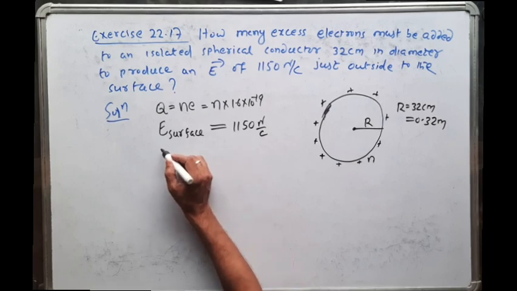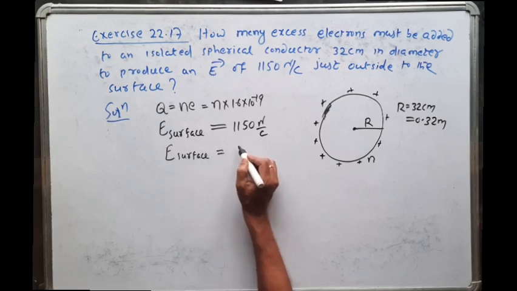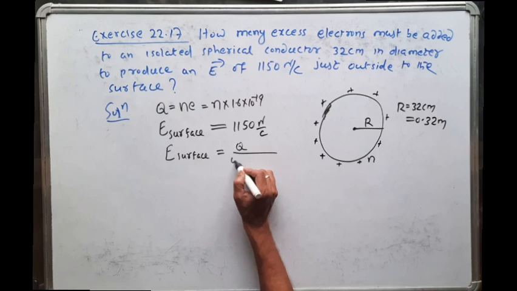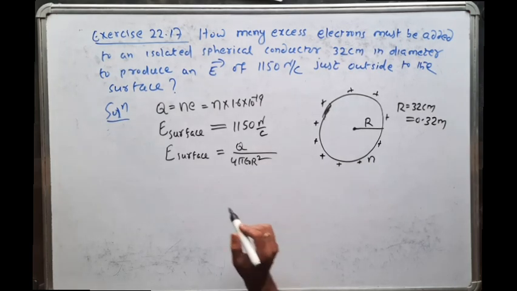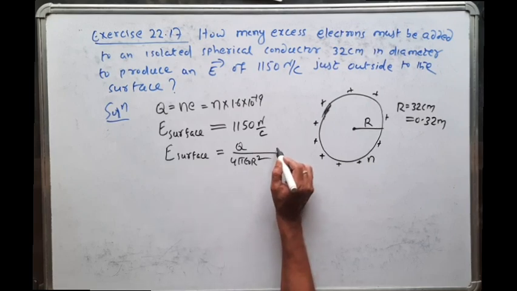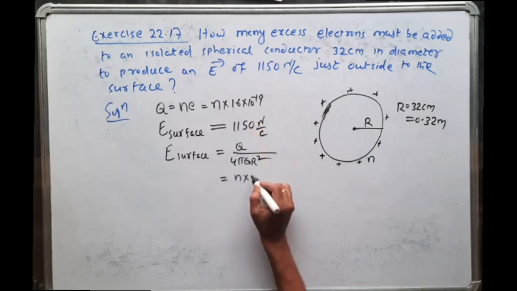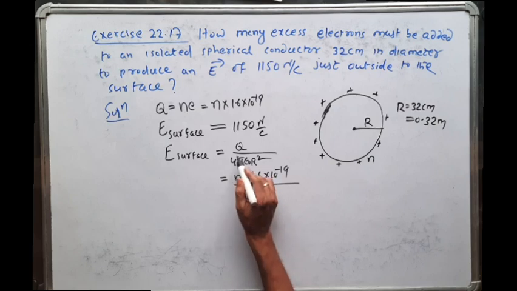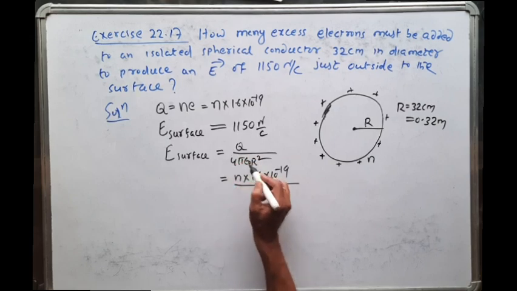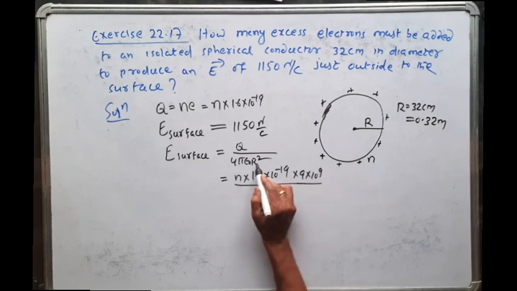We know the formula of electric field intensity on the surface due to a charged spherical conductor. It is Q upon 4 pi epsilon naught R square. Here Q is equal to Ne, where e is 1.6 into 10 to the minus 19, and 1 by 4 pi epsilon naught is 9 into 10 to the power 9, divided by R square.